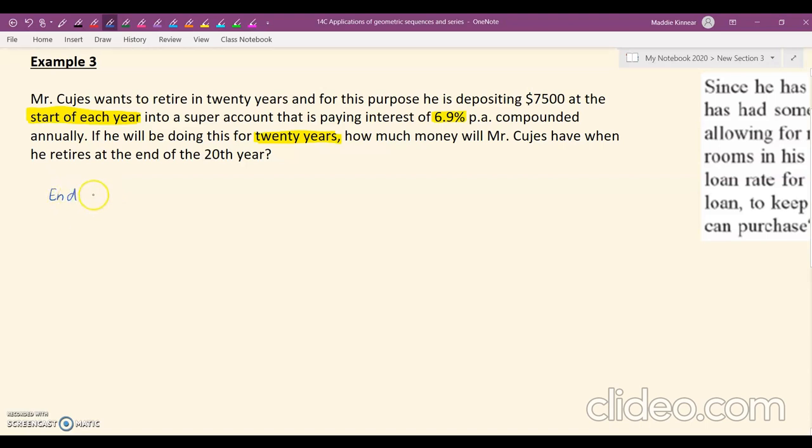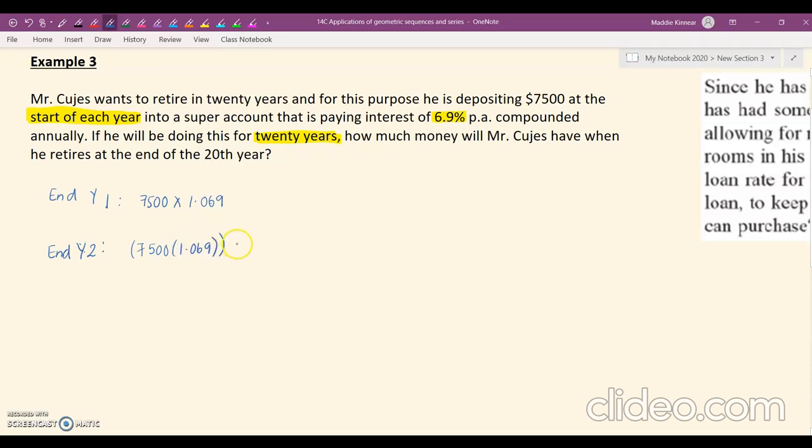So let's have a little think how this looks. The end of year one value. So what happened is you invest $7,500 at the start of the year. You add 6.9% interest, so 1.069 would be what you'd multiply by to find out that value. At the end of year two, let's have a little look at what would happen then. So at the end of year two, you would have the amount you started with at the end of year one. So you'd have your 7,500, I might use brackets rather than the times sign, times 1.069.